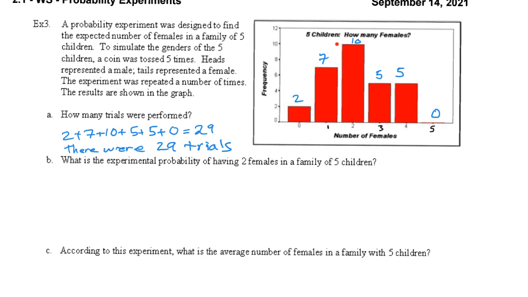This is how we write it mathematically: P of 2 girls is equal to 10, the top number from the column, divided by the total number of trials, which is 29, which is approximately 0.34 as a decimal, or 34%.